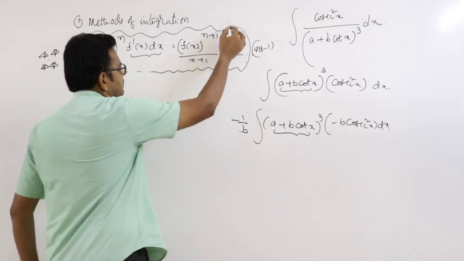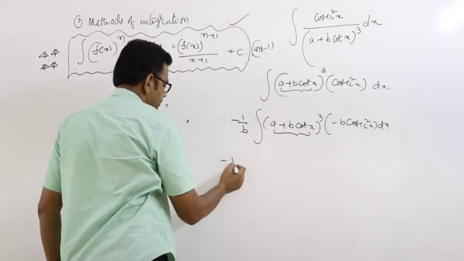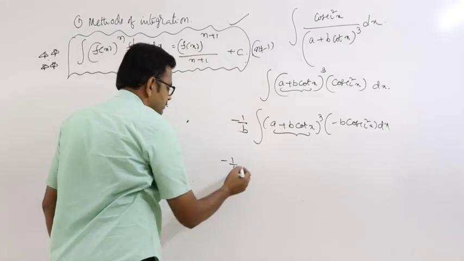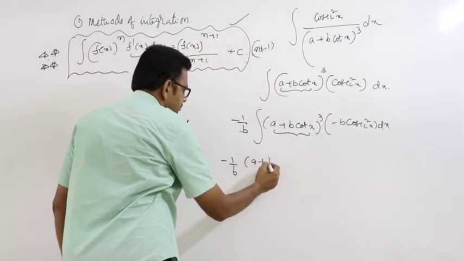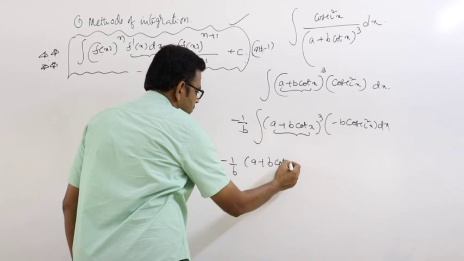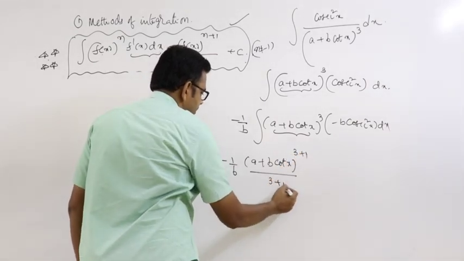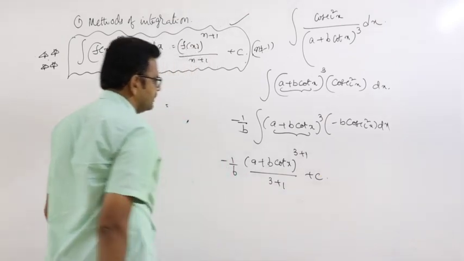So by using this, minus 1 by b into f of x whole power n plus 1 by n plus 1, so a plus b cot x whole power 3 plus 1 by 3 plus 1 plus c.